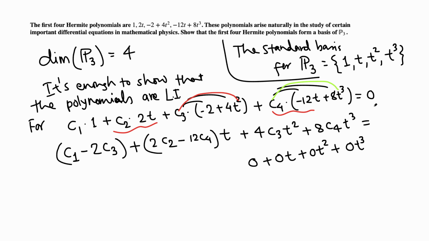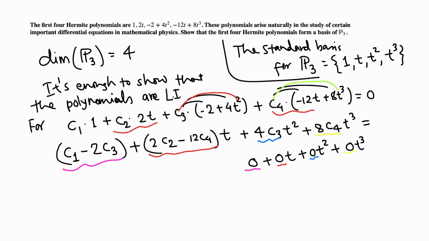So we can match: the constant should be 0, because the left hand side is equal to the right hand side. The coefficient of t should match with this 0, and for t cubed it should be 0. In the same way, 8c4 should be 0.